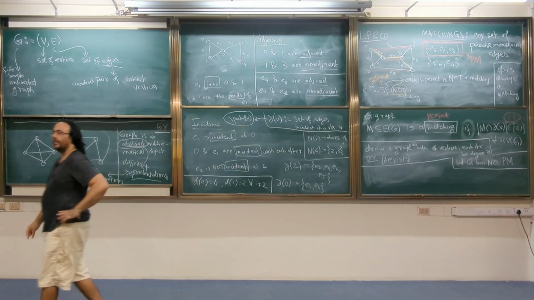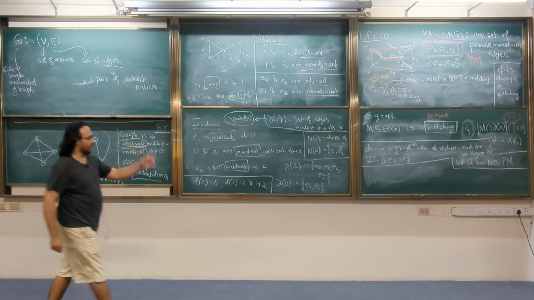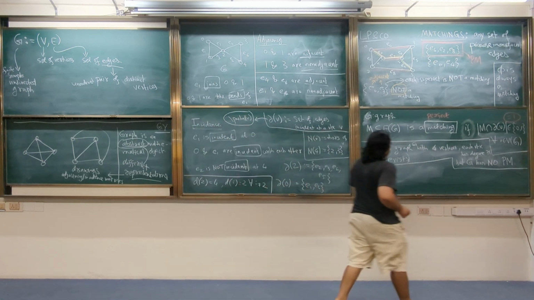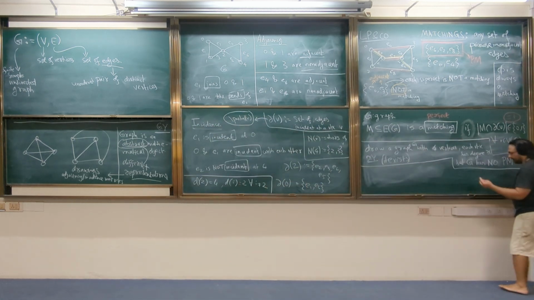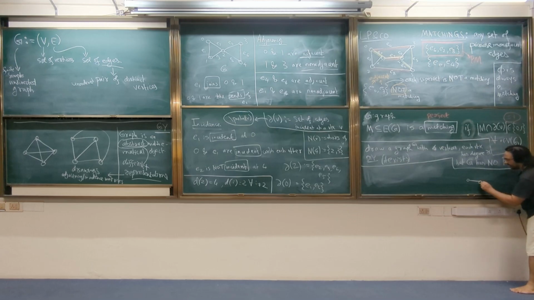Okay, good. I'll draw another graph. Maybe not the same question, but I'll give you a graph on 6 vertices that doesn't have a perfect matching. You agree? Graph on 6 vertices, no perfect matching.